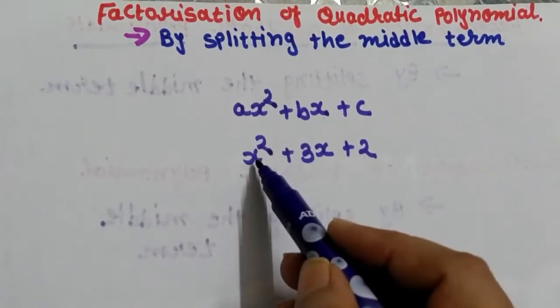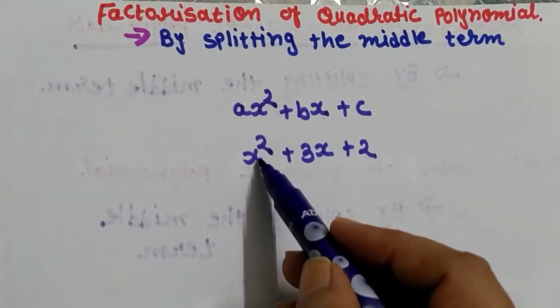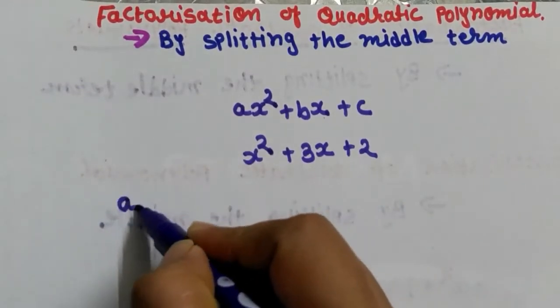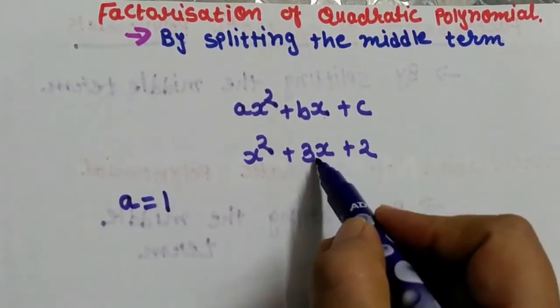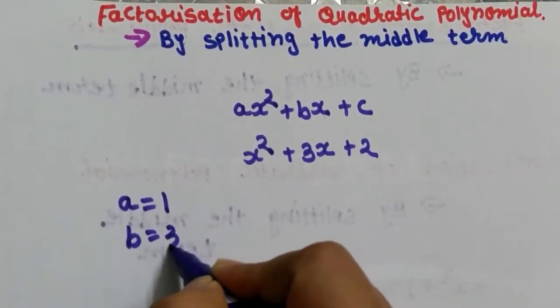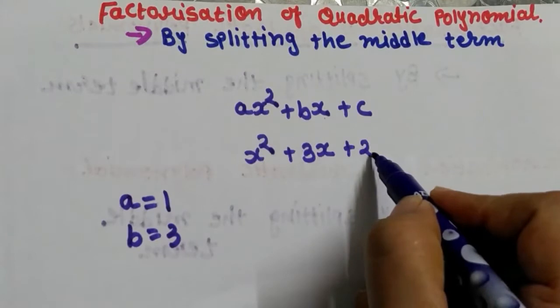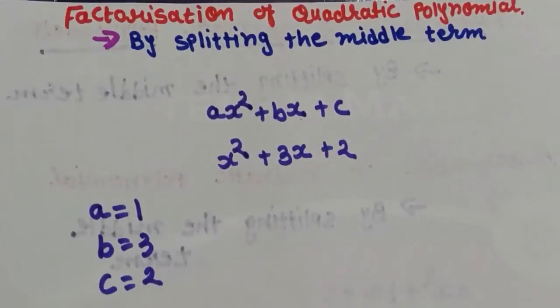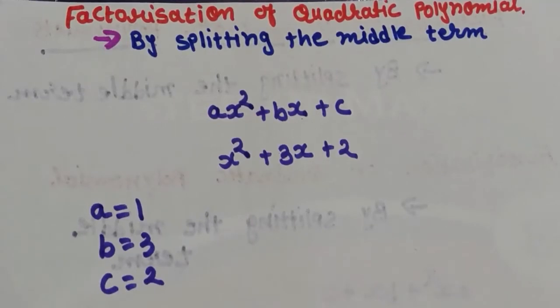So here also x square is given, so we can write coefficient of x square is 1. 3 is the coefficient of x, so b is equal to 3. And 2 is constant, so c is equal to 2. Here ax square plus bx plus c is the basic form of quadratic polynomial where a, b and c could take different numerical values.